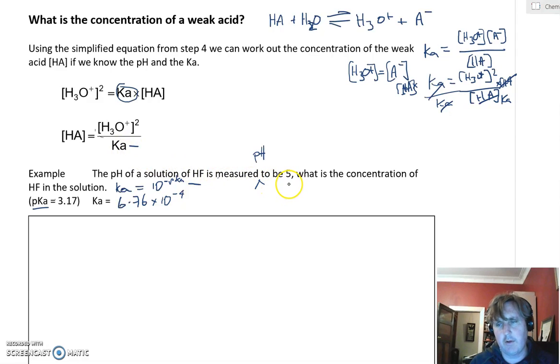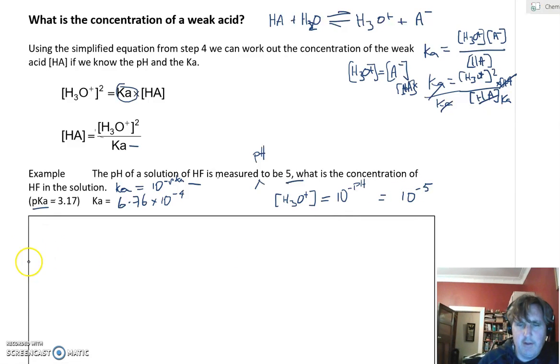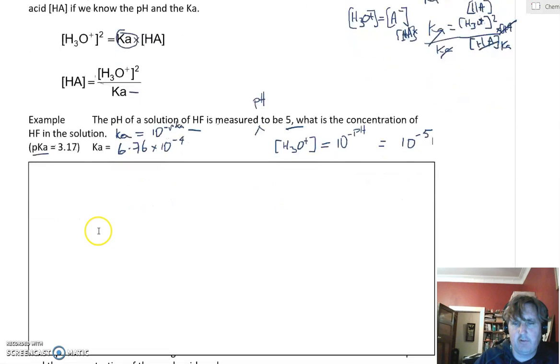Well, not quite, because they've told us the pH, and of course, when I want to find the concentration of H3O plus, we do exactly the same type of calculation, and that is H3O plus equals 10 to the negative pH. Since the pH here is 5, this is a rather easy calculation, because this is 10 to the negative 5. Right, so we put these in here. Let me just scroll this up a bit.